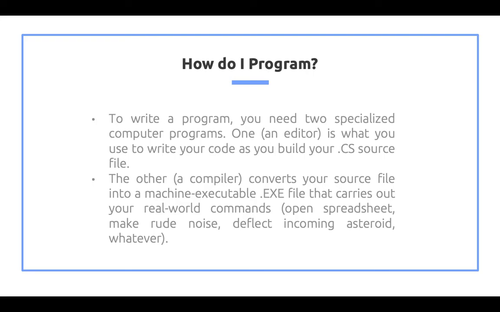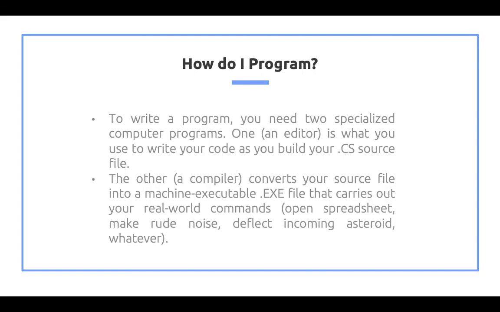Then we also need a compiler, because this compiler will convert your source file into a machine executable file, which simply means that all source code written using your text editor must be translated into machine readable code, since your computer understands only machine language.